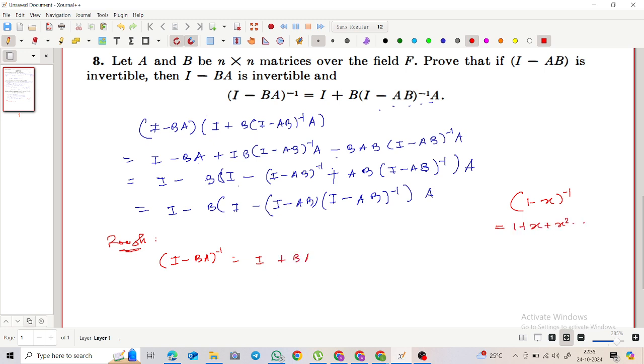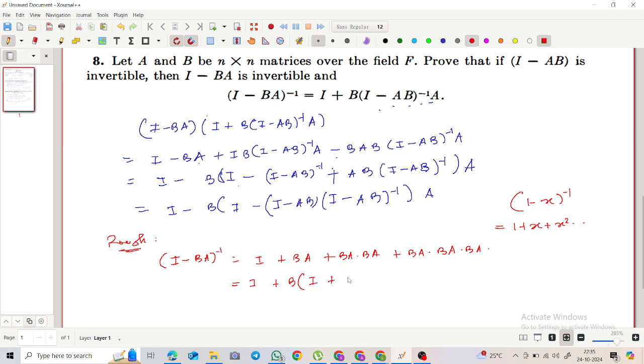This should be I plus BA plus BA dot BA plus BA dot BA dot BA. Take I here, take B common, and take A common at the end of the bracket.